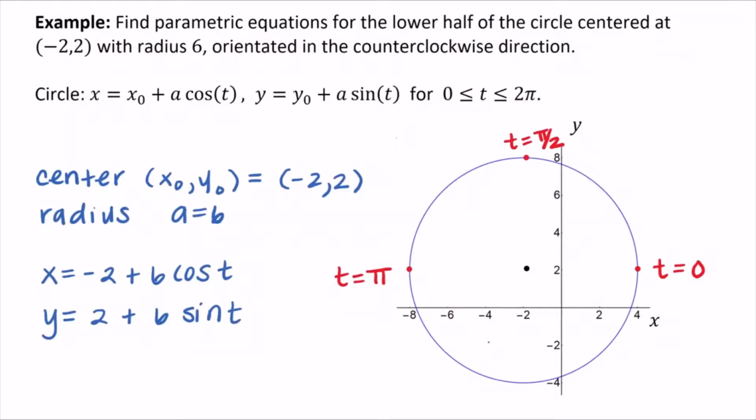Thus, t equal to pi corresponds to the point on the circle directly to the left of the center, and if we let t increase up to 2 pi, we will generate the lower half of the circle. Thus, the interval pi less than or equal to t less than or equal to 2 pi will generate the lower half of the circle, and we have completed our parameterization.